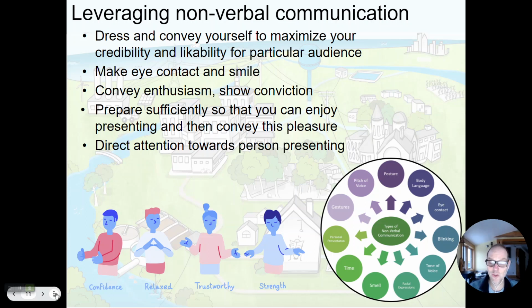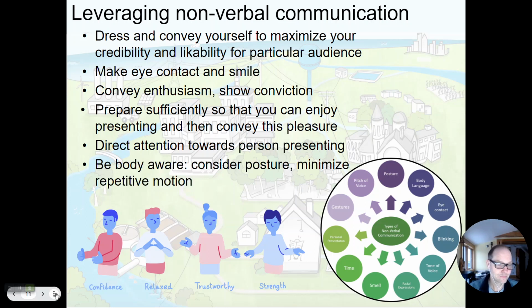In general, you want to be directing your attention quietly towards the person who's presenting or towards the screen that's being presented. You do want to think about not distracting, but focusing people's attention on whoever happens to be presenting at that moment.